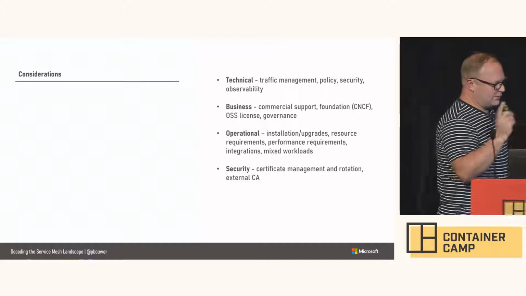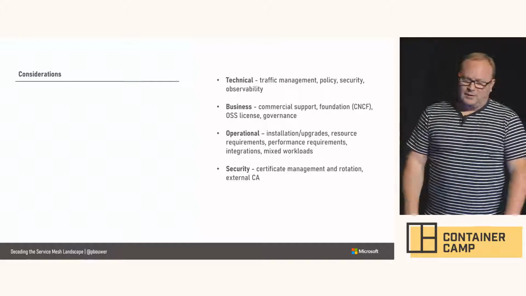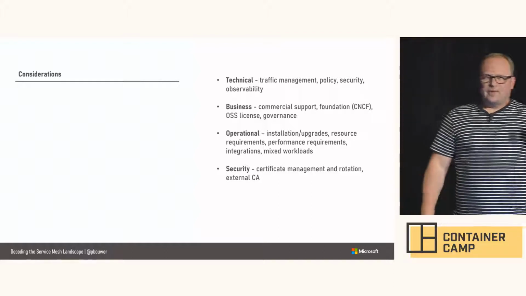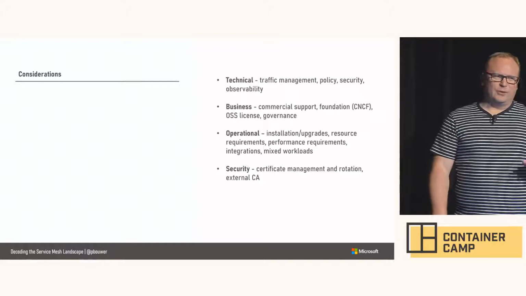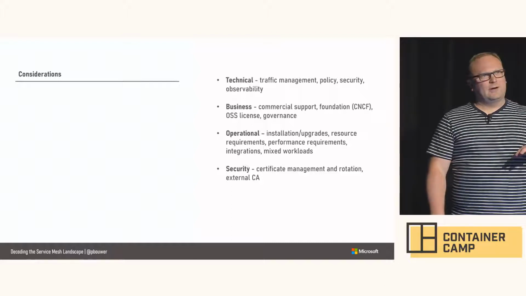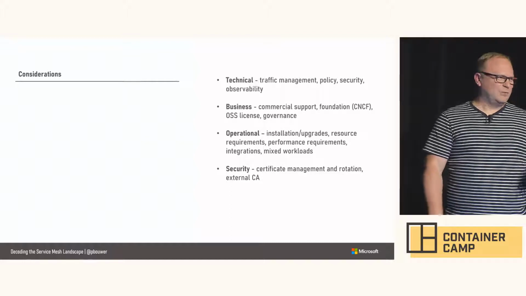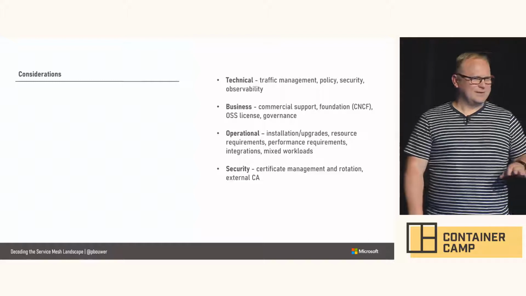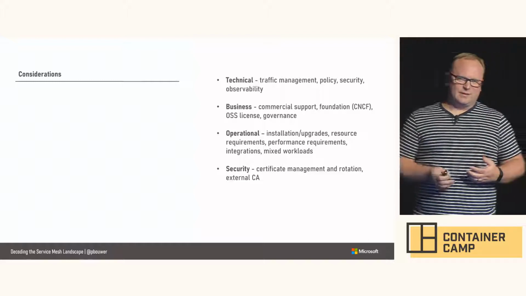And then, as I mentioned a little bit earlier, security is something that comes up. Once you start having this conversation with customers who are very aware of encryption or compliance, the fact that most of these meshes are auto-generating self-signed certificates doesn't cut it. They want external certificate authorities.